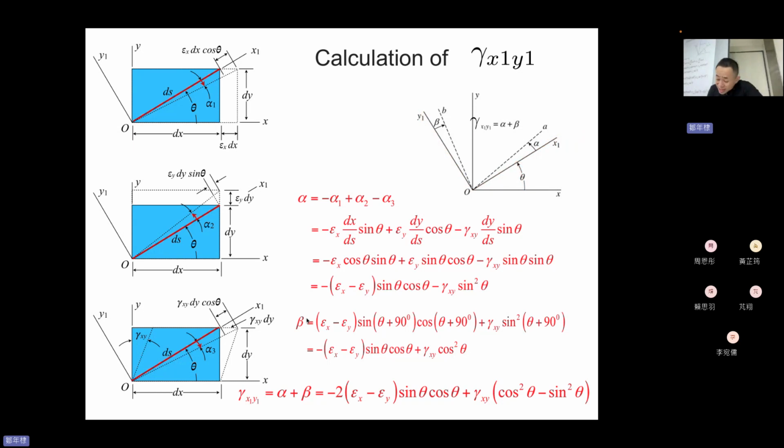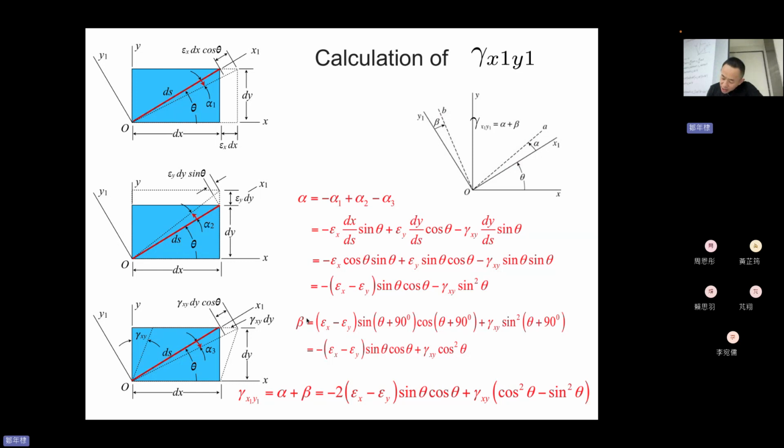And then you want to see gamma x1, y1, which means you want to see x1 change its angle and y1 change its angle. So this is A, this is B. A is the deformed x1, B is the deformed y1.